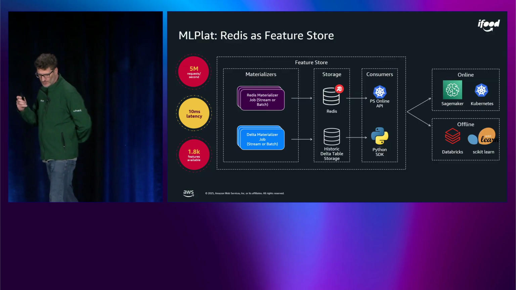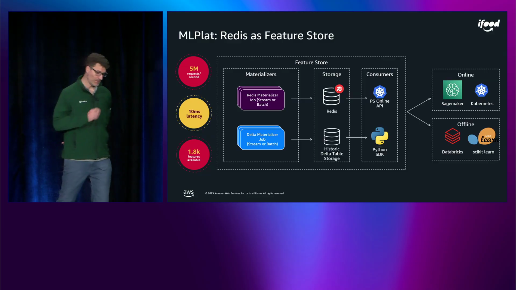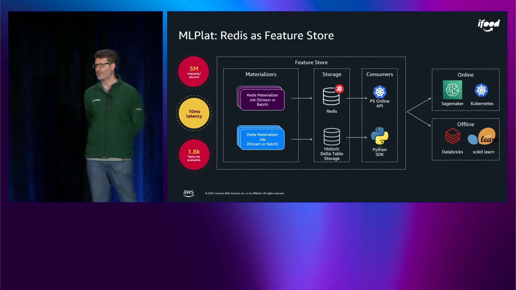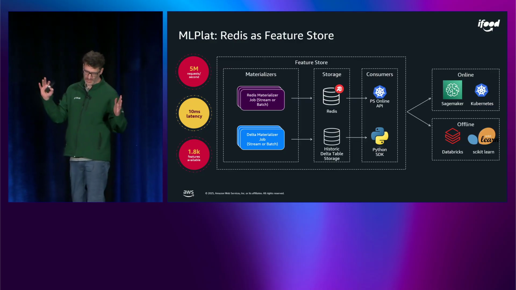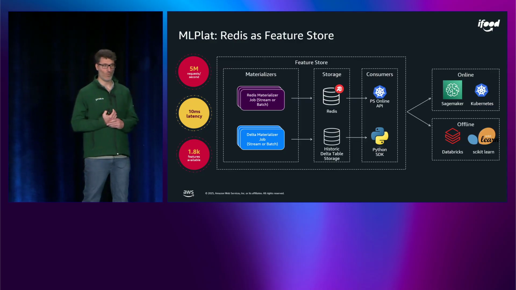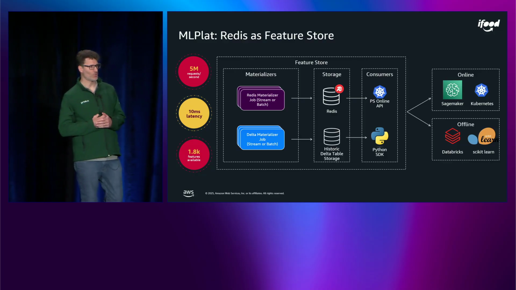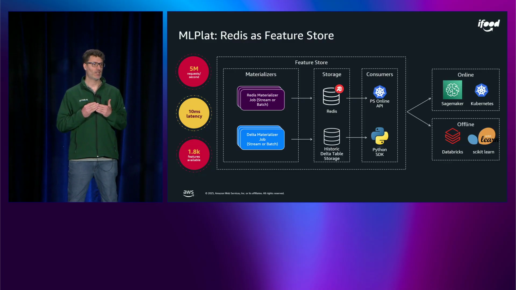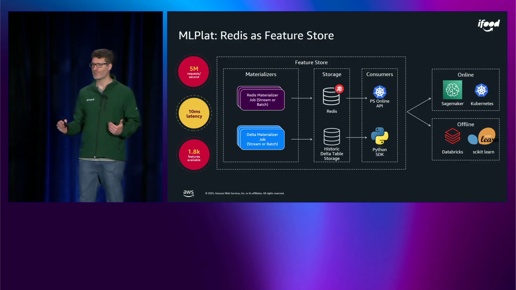So the third application example that I want to share with you is the feature store. I don't know if everybody here knows what pain the feature store solves, but it's basically delivering content to make inference.